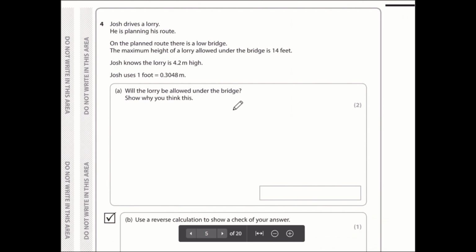And question number 4. We've got two choices here. We can either convert the 4.2 metres into feet or the feet into metres.